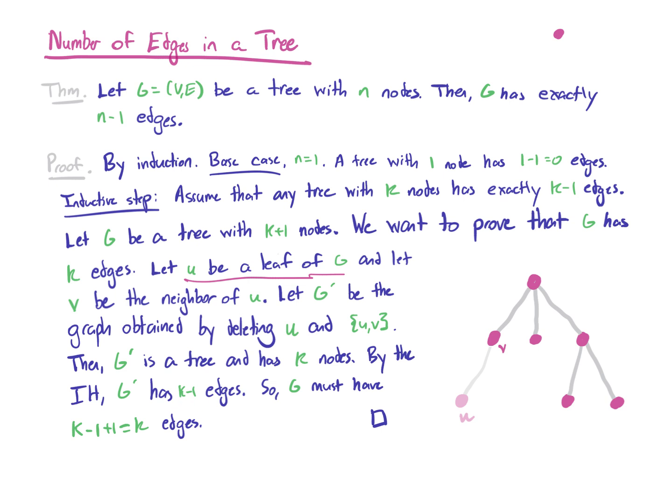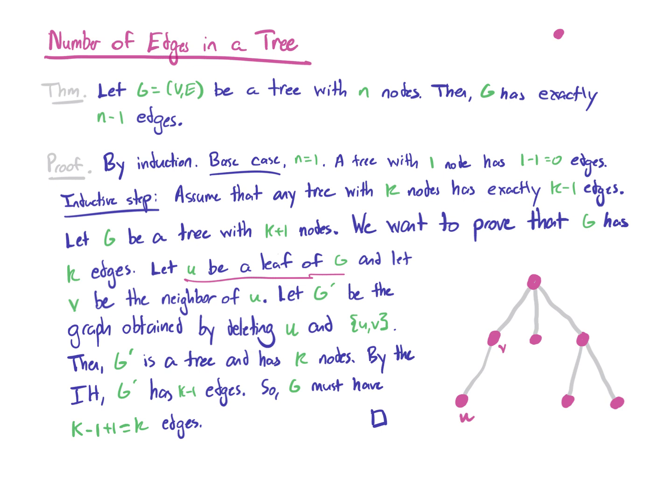So if I deleted one edge and the result was k minus 1 edges, I must have started with exactly k edges. So the original graph G, the graph where I undelete the deleted edge, must have had exactly k edges, and that's what I wanted to prove in order to complete my inductive step.